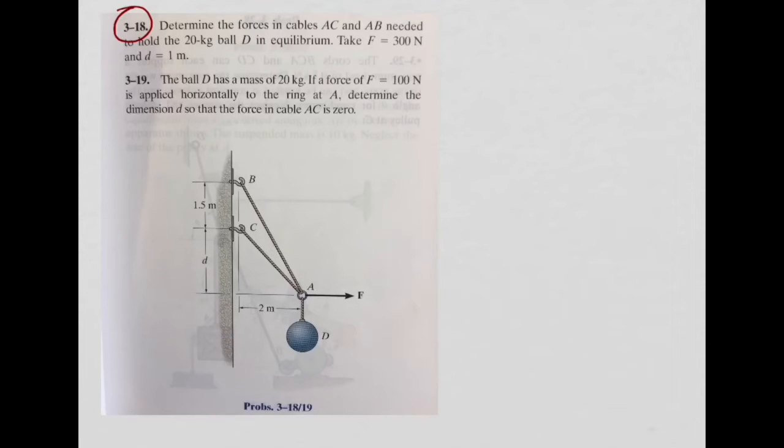This structure is holding this weight at point D, a ball of 20 kilograms. And you also have applied at point A this force F, 300 newtons. So this is typically a problem of the equilibrium of a particle, or equilibrium of a point.